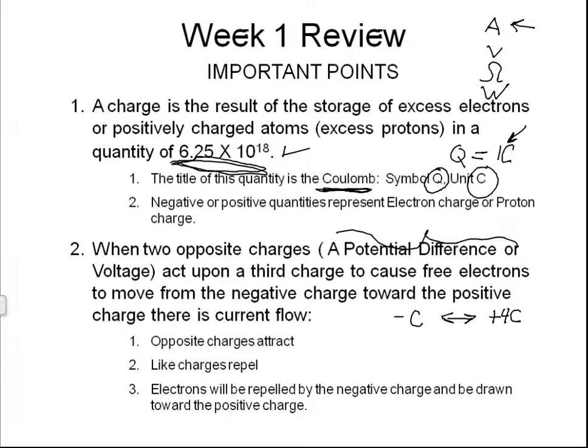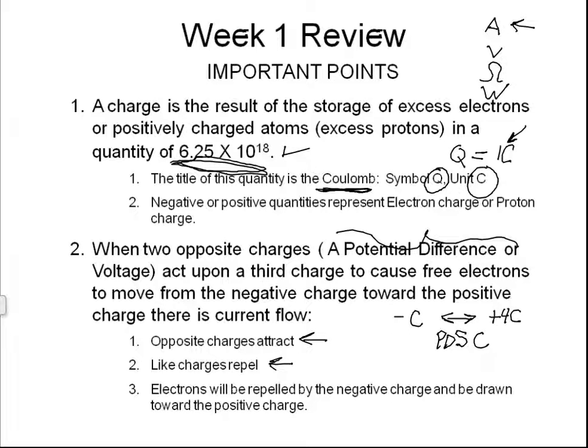Well, +4 and -1, that is a difference of 5C, or a potential difference of 5C. And as we remember from last week, opposite charges attract, like charges repel.